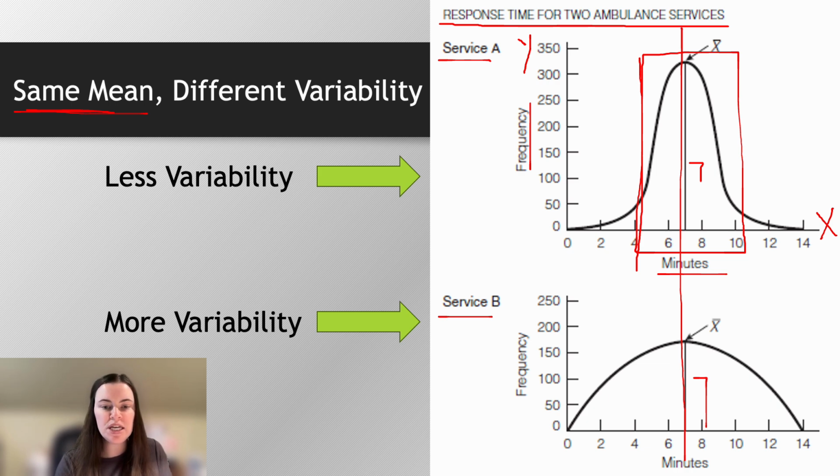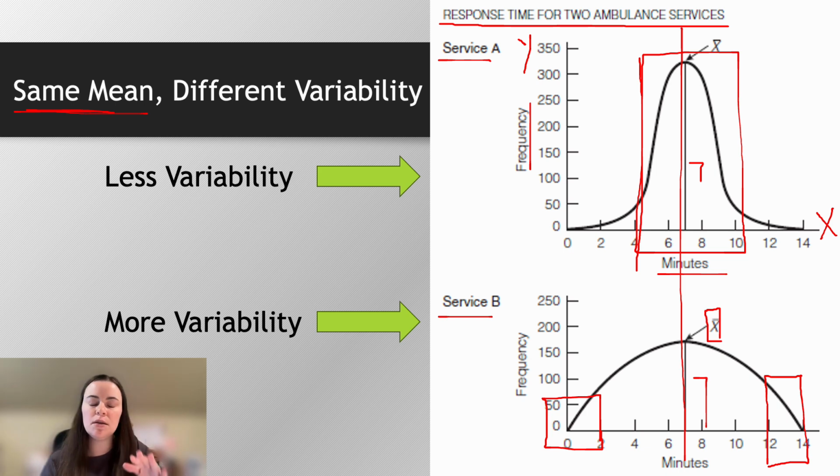Whereas with service B, even though they are also having an average, again represented here by X bar, of a response time of 7 minutes, we can see that sometimes they are responding a lot more quickly than service A because they have some frequency here between the 0 and 2 minute threshold, but they're also a little bit slower sometimes as well, where it can take them upwards of 12 to 14 minutes.